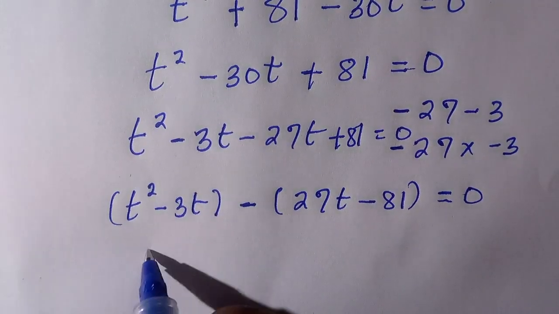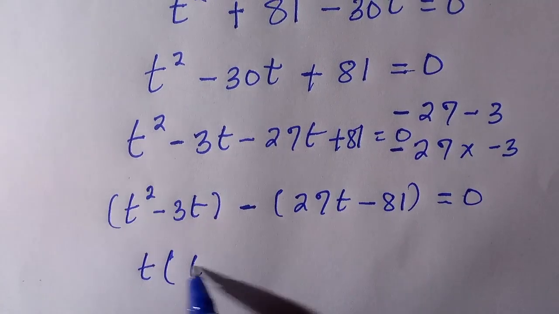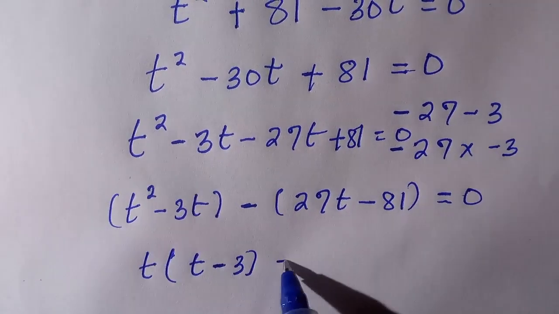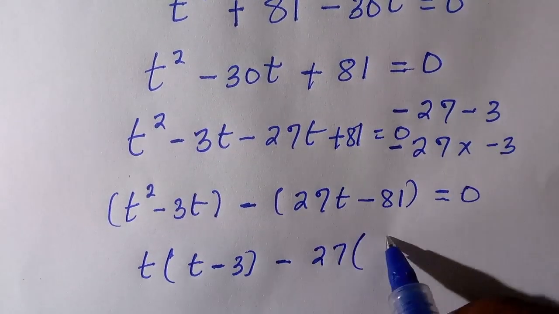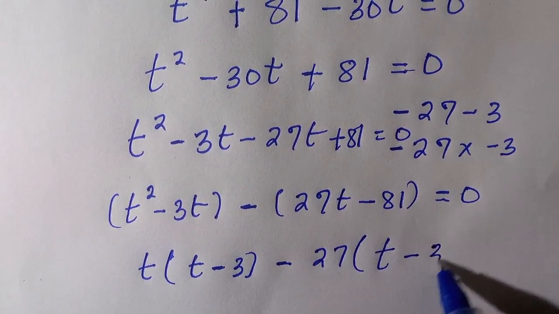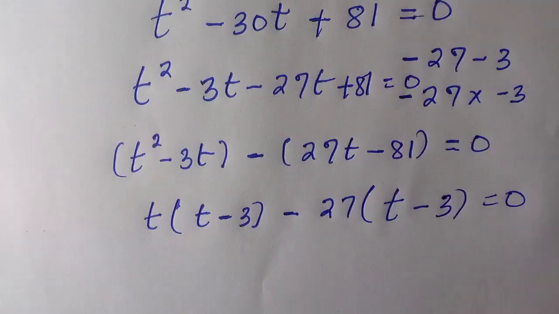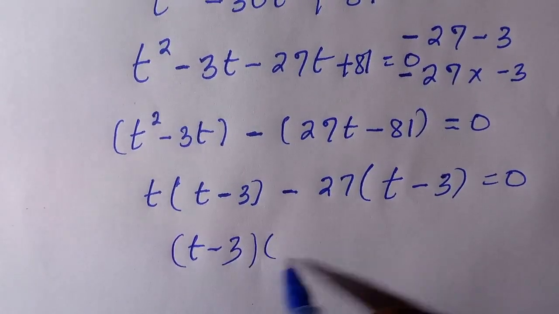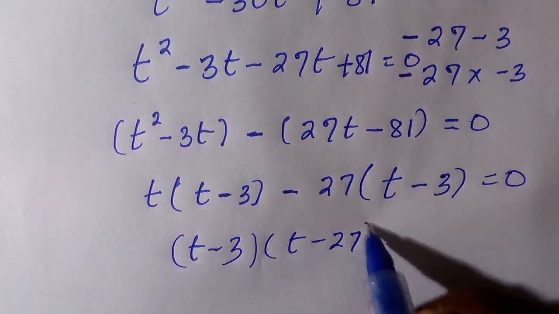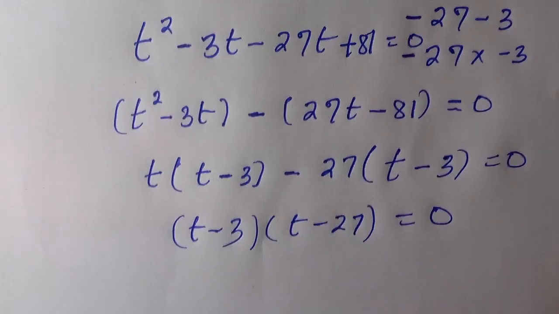So t is common, we take it out. We have t bracket t minus 3, and 27 can go in this as well. We have 27 come out, and here remains t minus 3 equals 0. So therefore we have t minus 3 bracket t minus 27 equals 0.